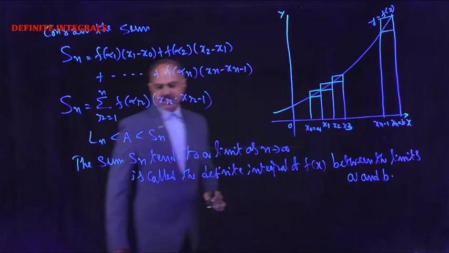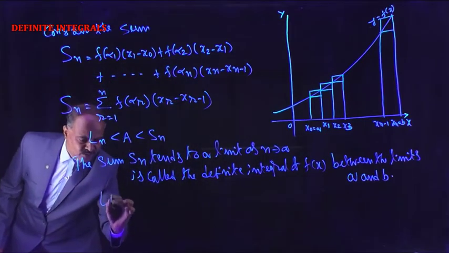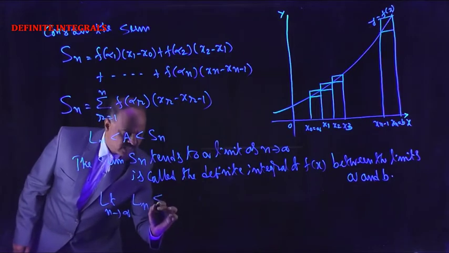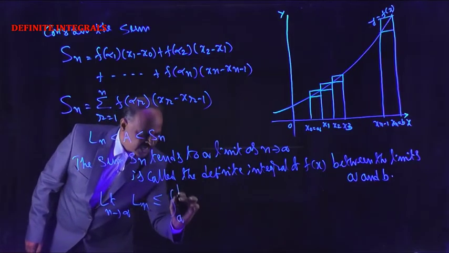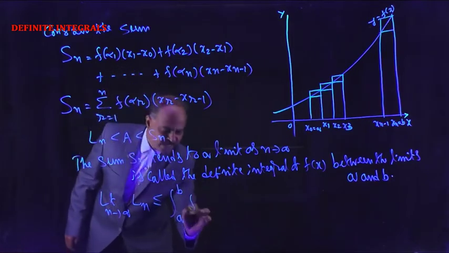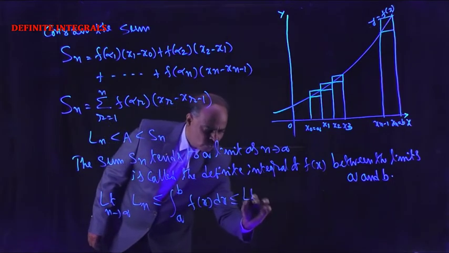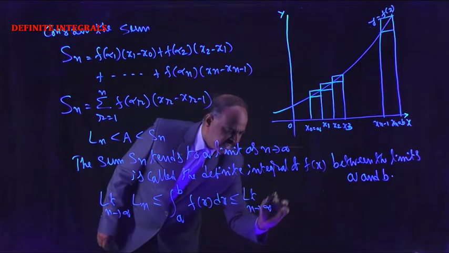Now this is equals to limit n tends to infinity ln is less than or equal to integral a to b, f of x dx is less than or equal to limit n tends to infinity Sn.